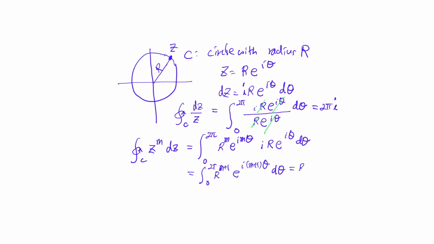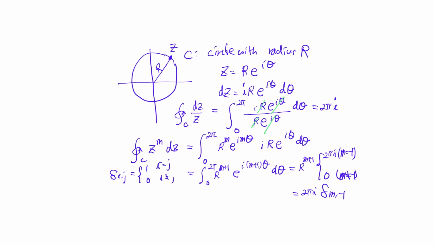That is, 2 pi i when m is equal to minus 1, and 0 when m is not minus 1. So the result would be basically 2 pi i delta m, minus 1, right? Delta is the Kronecker delta. Delta ij is 1 if i equals j, and 0 if i is not equal to j.